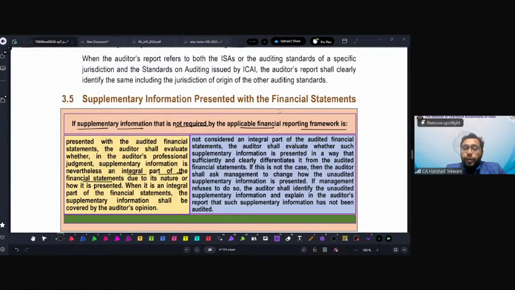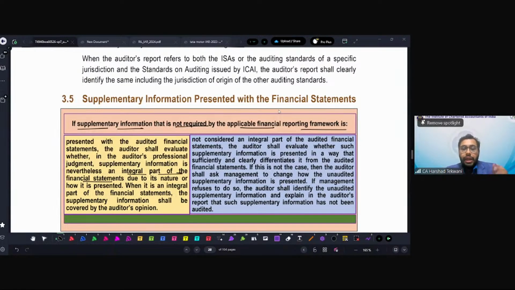If that kind of information is presented with your financial statement, then the reader will understand that this is part of the financial statement. It is given between your balance sheet, P&L and all these things, so it is definitely audited. If I just add one random page between your financial statement, the person who reads the financial statement will consider that it is audited. How will we come to know that this is not the audited part?